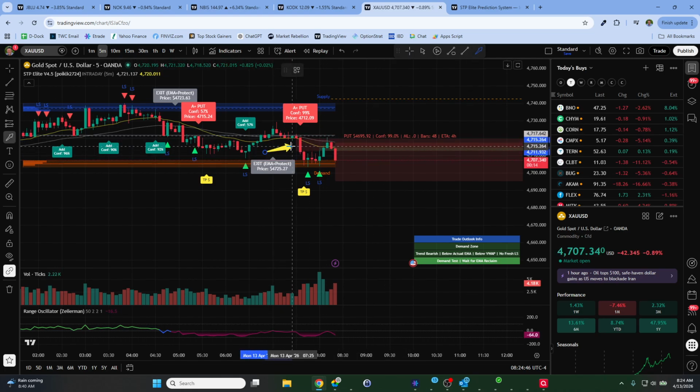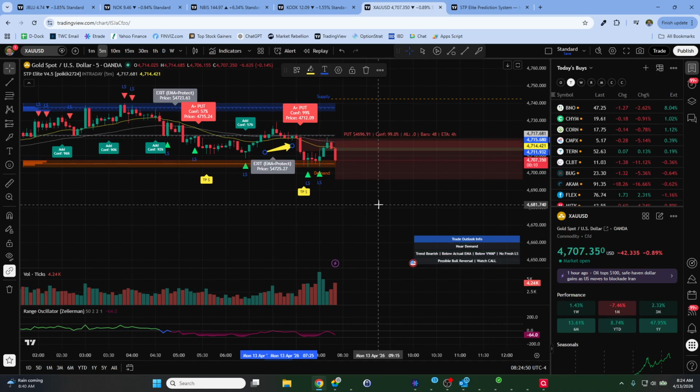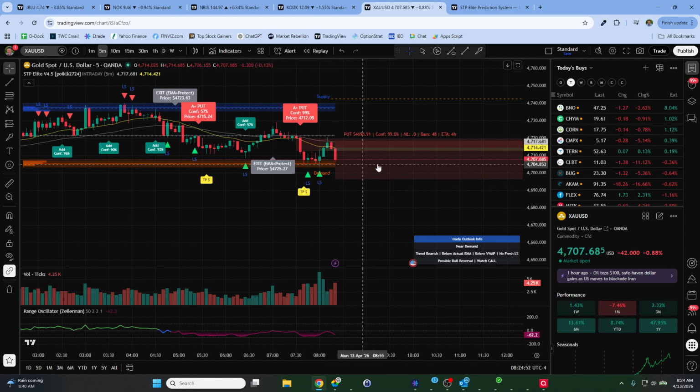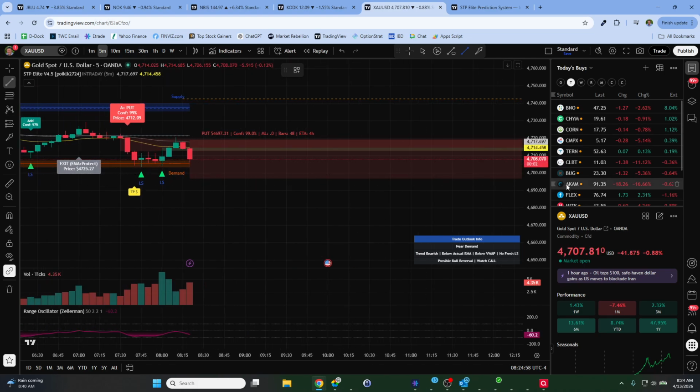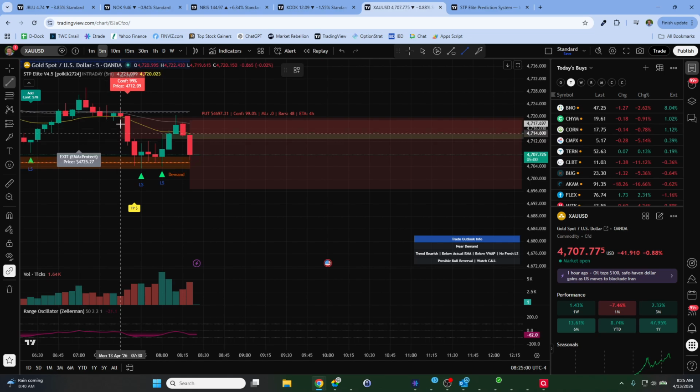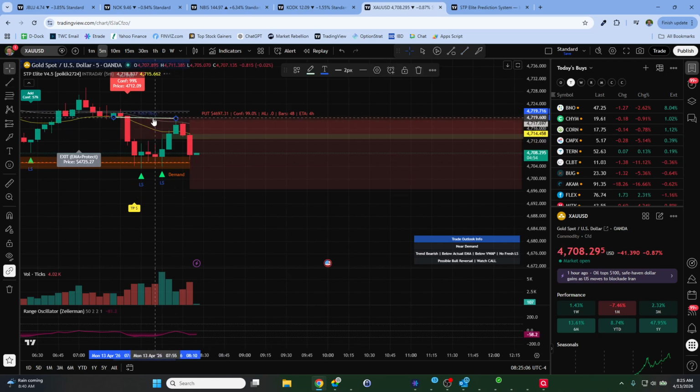You have a big red fair value gap from the bears, and just so people understand how the system figured that out, let me zoom into here and make this a little larger. You can see this wick right here, and it ended there. You see that? And then this wick down here started here.